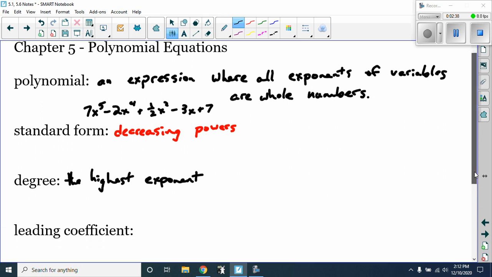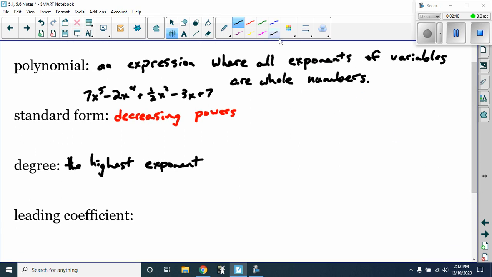And last definition here, the leading coefficient. So coefficients, remember, are the numbers that come out in front: 7, -2, 1/2, -3, 7. The leading coefficient would be the first coefficient when written in standard form.